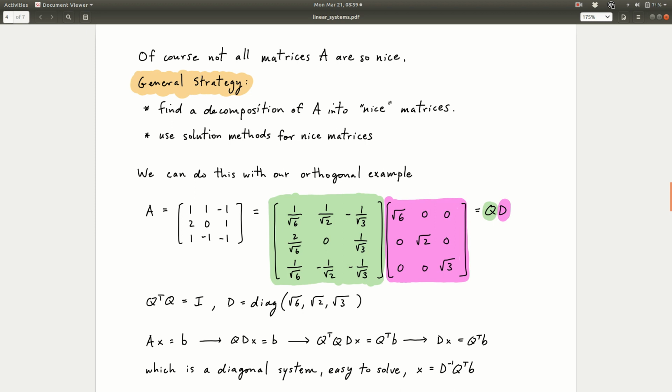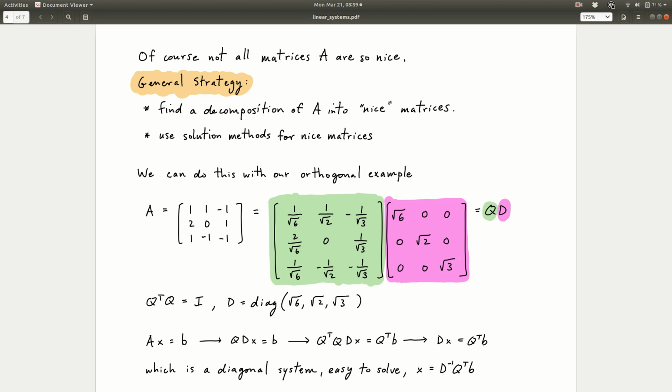The notation I'm giving to those two matrices are Q and D. And you'll notice that these two matrices are special in that Q actually now is an orthonormal matrix. And D, of course, is a diagonal matrix. So this is an example of a matrix decomposition that's going to make our life easier.